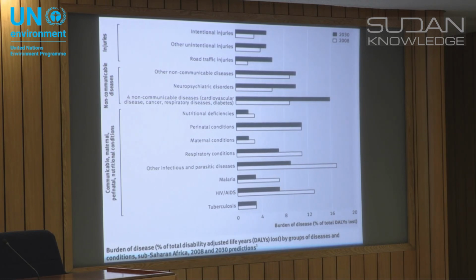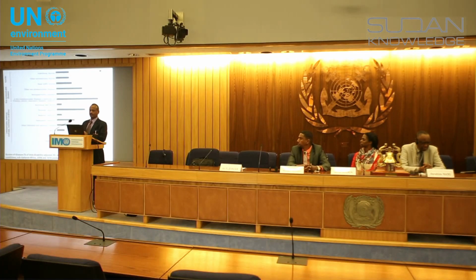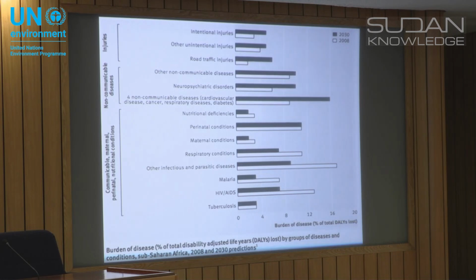When you look at the outlook for 2030, you will see that it's no longer going to be infectious disease alone. You're going to add the non-infectious, whereby people have a sedentary lifestyle, they sit, they don't move much, and you see people with non-communicable diseases such as cardiovascular disease, which will way outpace everything else.